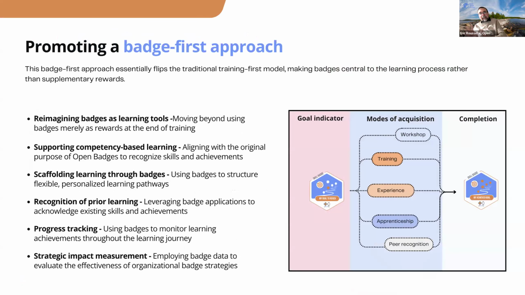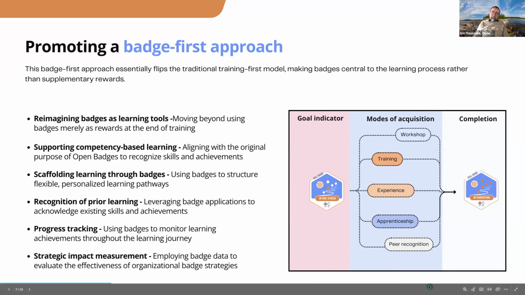To explain what this badge-first approach is, the idea is to use the badge as a learning tool and not only as a marker of some achievement. If you see on the right side, I have a workflow here to explain what I mean.